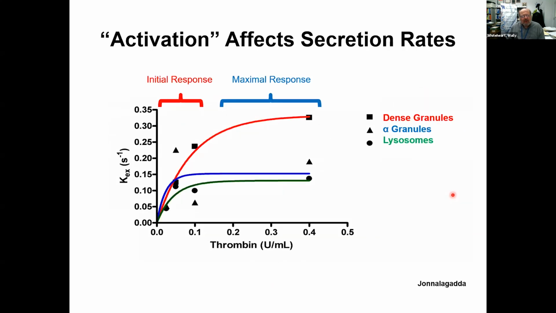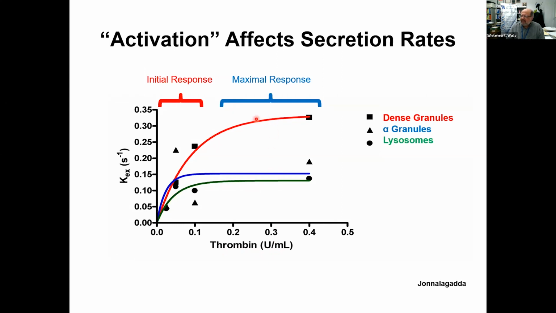Now, that also holds true if you stay inside of the same agonist. Here we're just doing a thrombin titration, but at each of these points, we've measured the KEX value, the rate of release of our different cargoes. And the point I want to make here is that the amount of agonist also makes a difference.